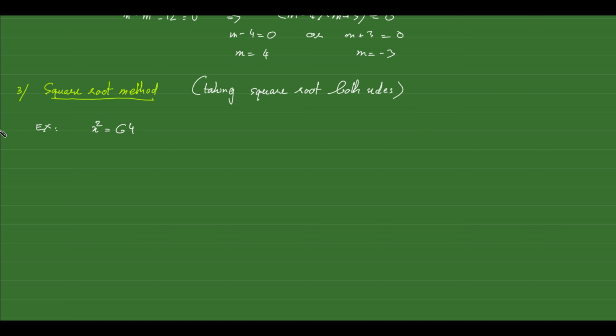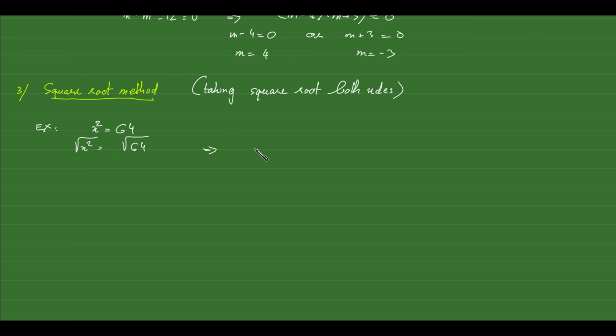So the left hand side is a perfect square, right? And 64 is a perfect square too. So if I go ahead and take the square root of both sides, it always gives you plus or minus.